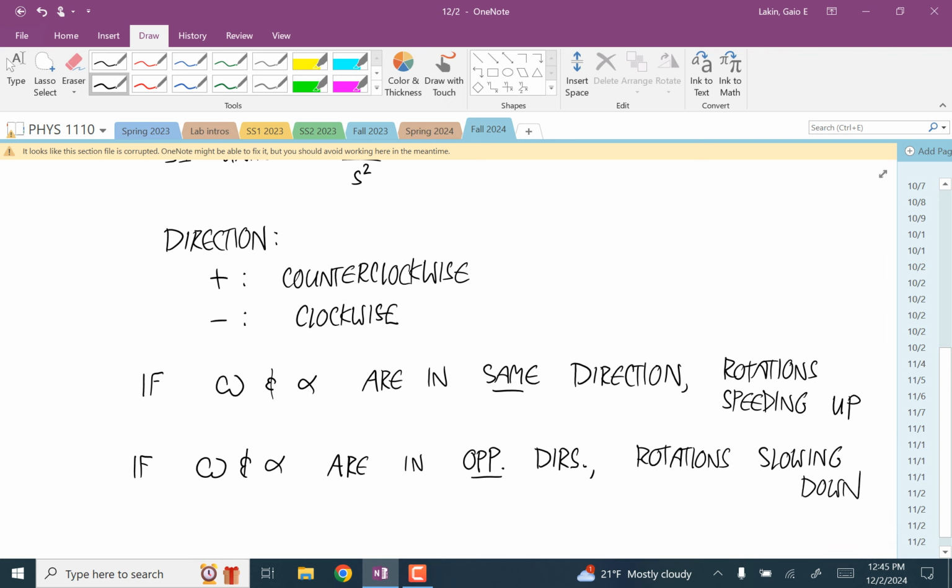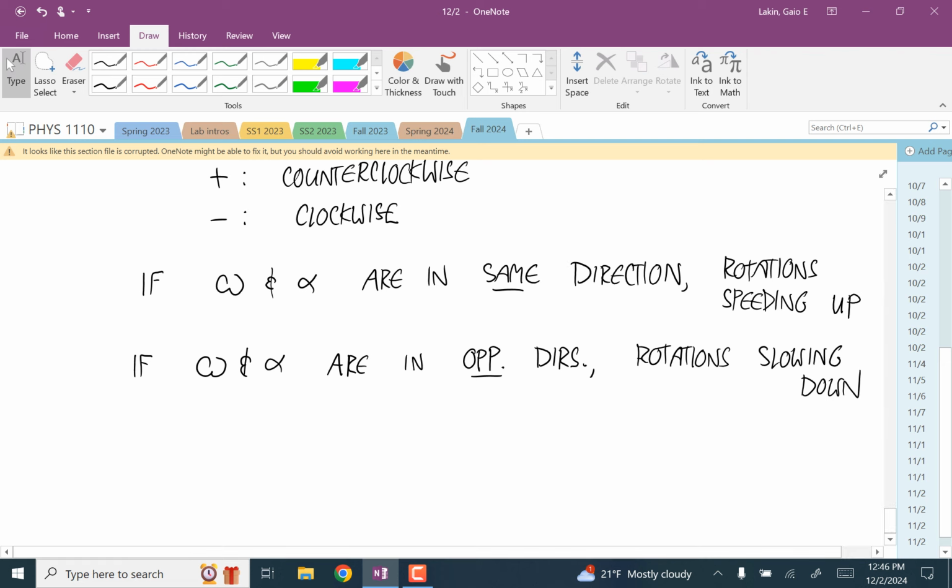Okay, the next thing we did with defining angular velocity is come up with a relationship between the angular velocity and the velocity vector of points on the body. And we're going to do the same thing here, relating angular acceleration with the tangential acceleration vector of points on the body.